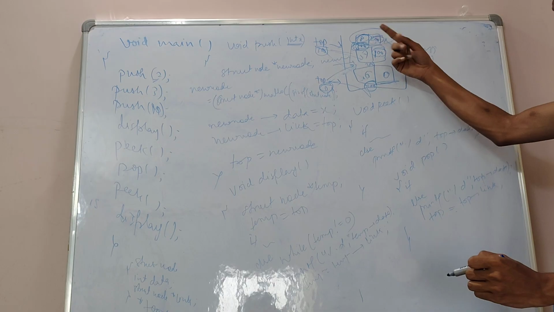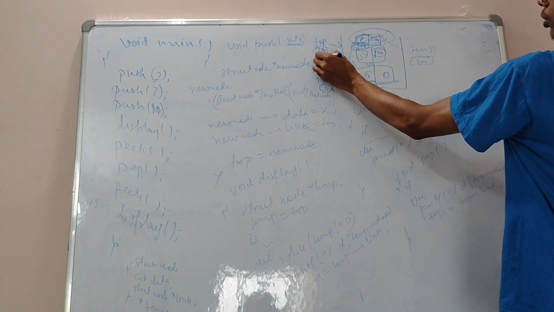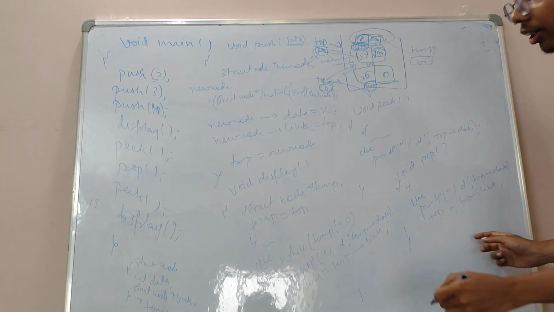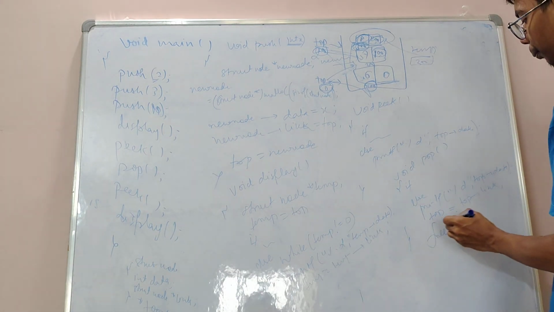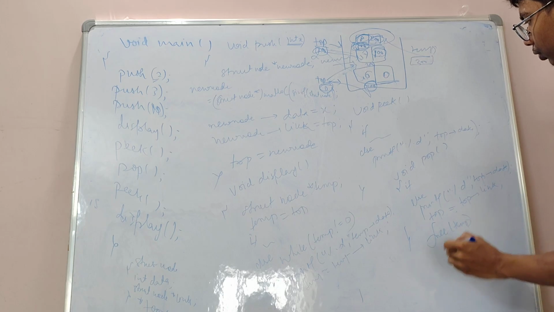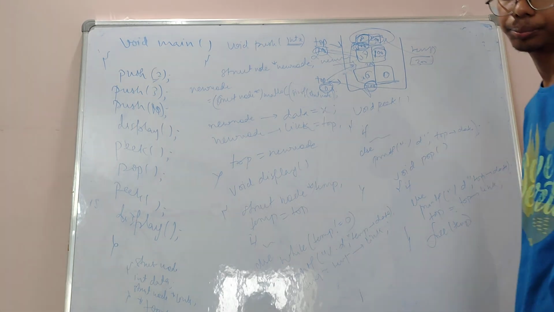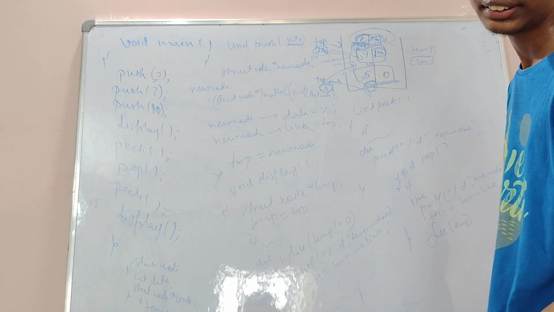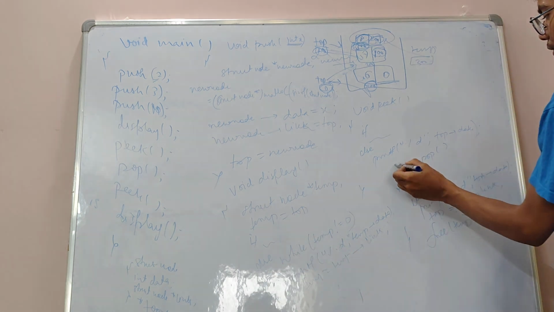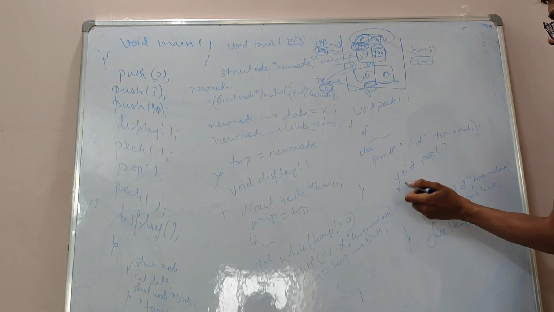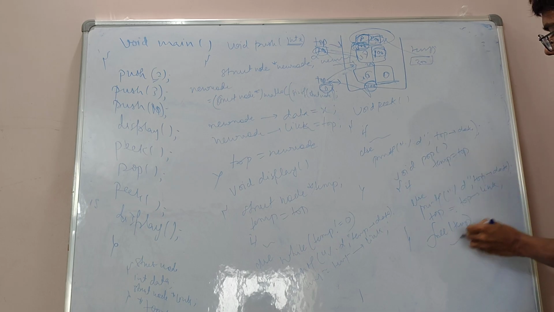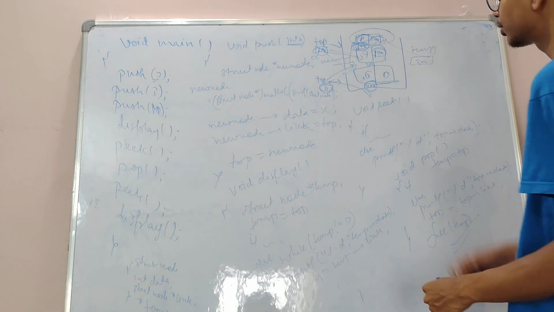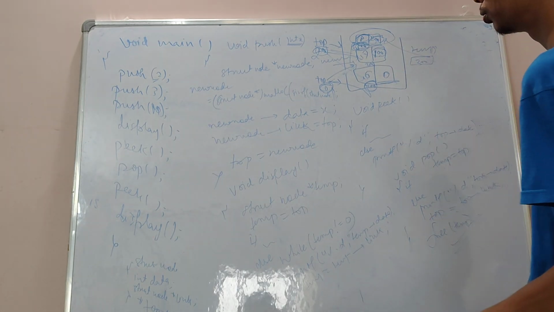The second part of the node I will store the value, so it will point here, and then I will free temp. Sorry, here I will write temp is equal to top, and then I will free temp. So in this way I can delete the topmost value.